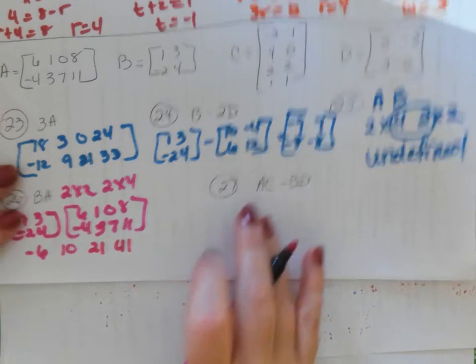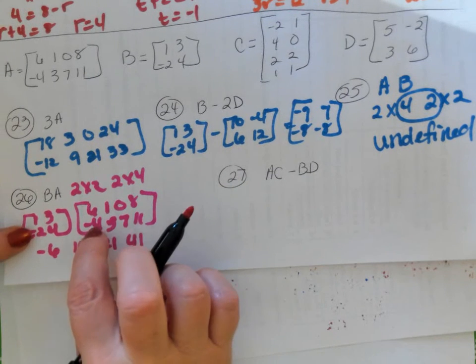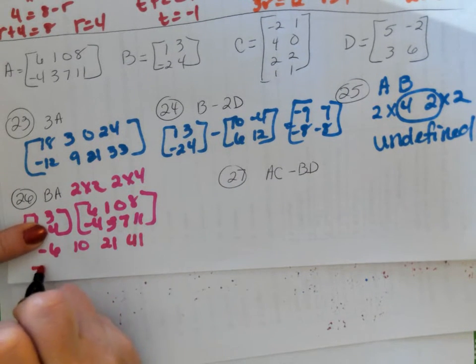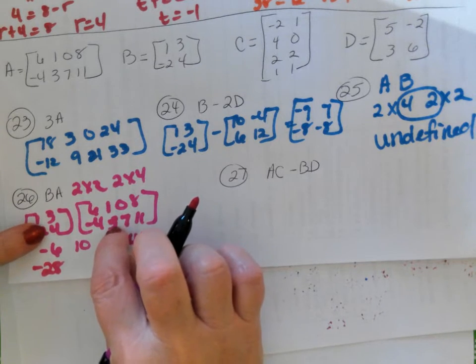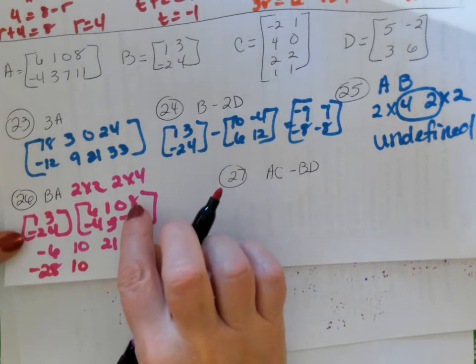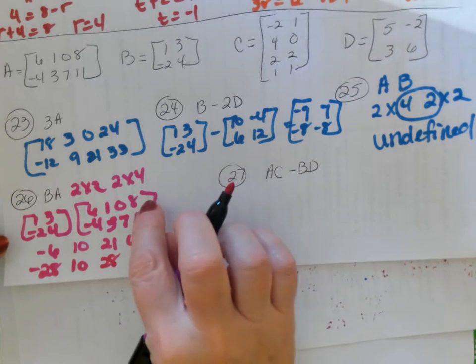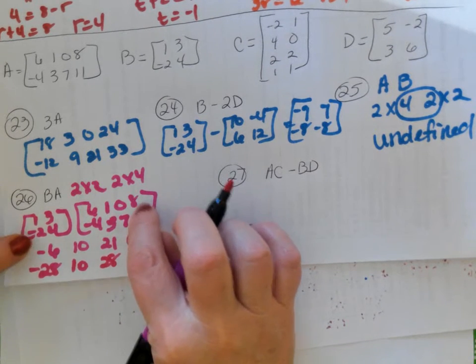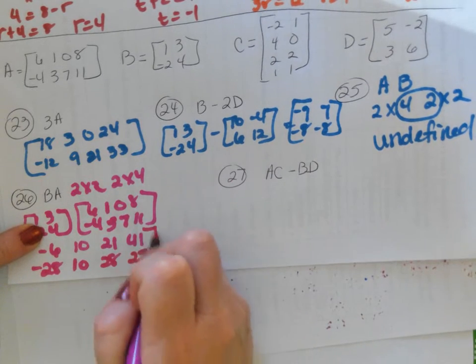So far, so good. Bottom row. Negative 12 minus 16 is negative 28. Negative 2 plus 12 is 10. 0 plus 28 is 28. Negative 16 plus 44, I believe, is 25.